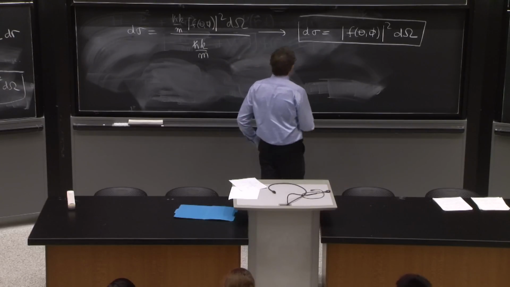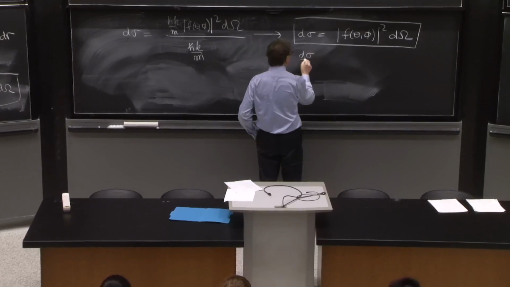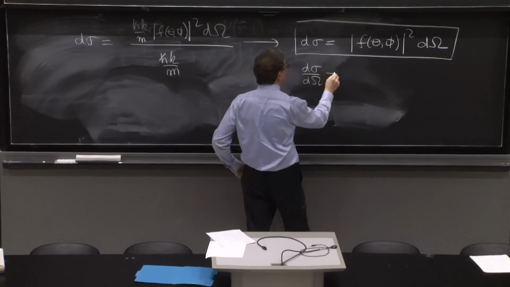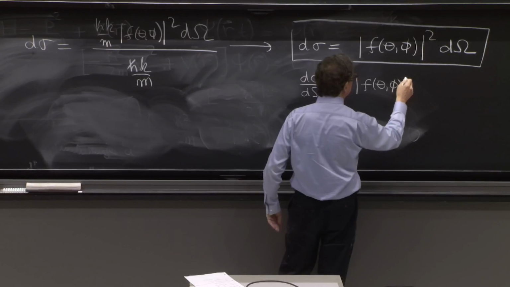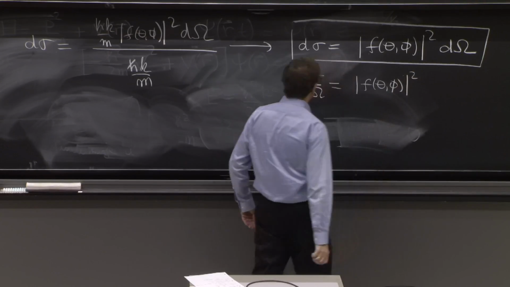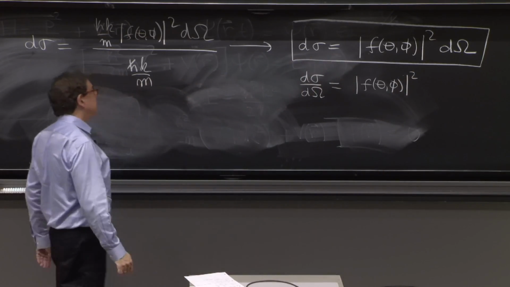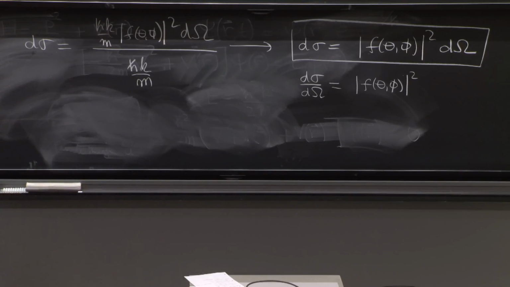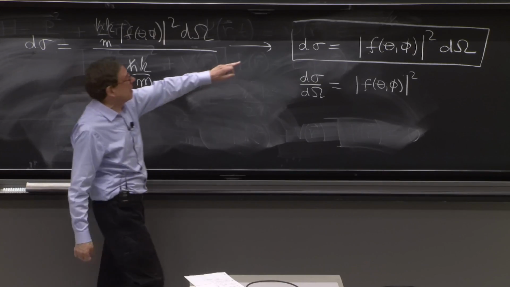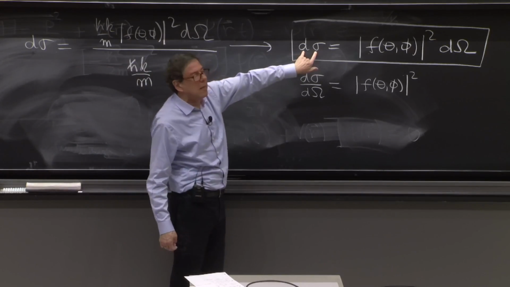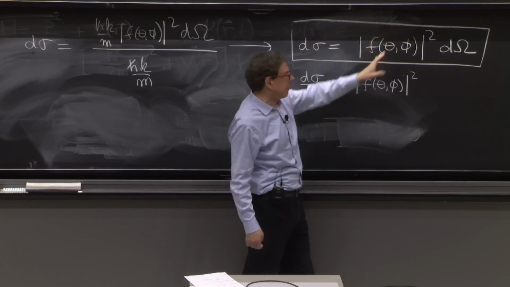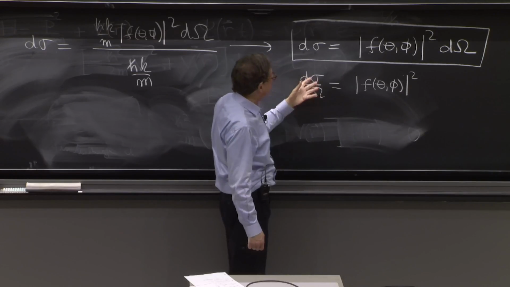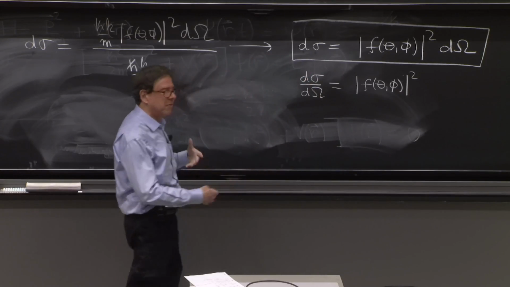Many people write this formula this way: d sigma d omega is equal to f of theta phi squared. I think that's okay. I think in many ways this is a little clearer. The small little area associated to a small little angle is given by that. This is a ratio of differentials more than a derivative.